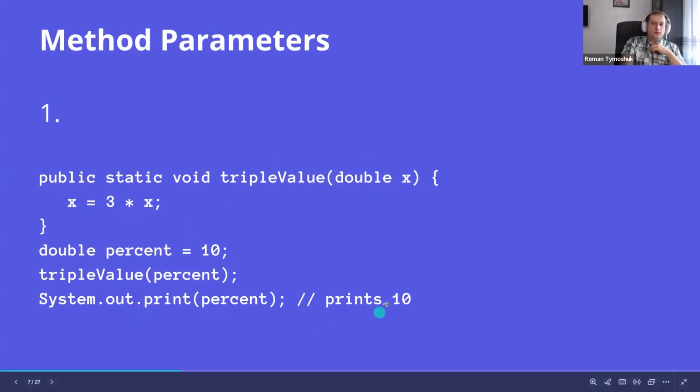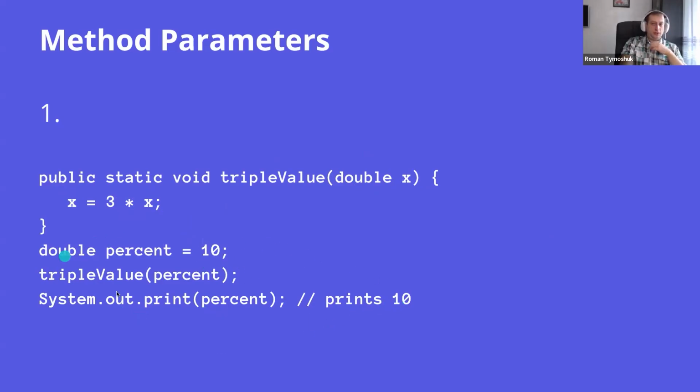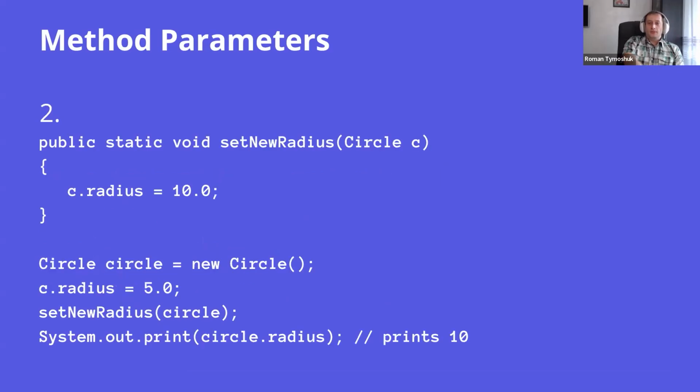That's why you haven't changed it in the main application. We need to understand that primitive types in Java are copied. Complex objects like circles, as we had before, or employees are provided by the pointer. So we are not copying the whole object. We are providing a link to the memory, to this object itself, which should be operated on in this method. In the next example, you can see that. Does anyone want to explain what is going on here?